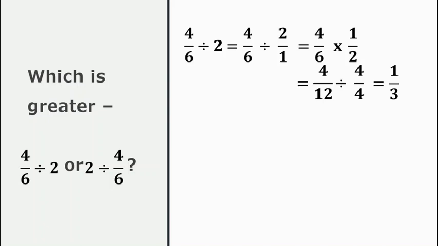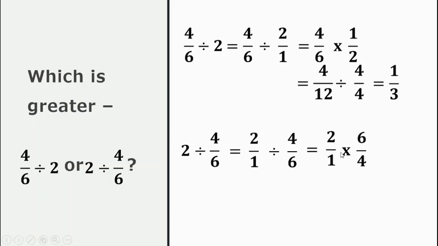How about 2 divided by 4/6? Okay, again, they have different positions but the same way of multiplying a fraction and a whole number. Your whole number, we need to change into a fraction, 2 over 1 divided by 4 over 6. So we need to change our symbol into multiplication.